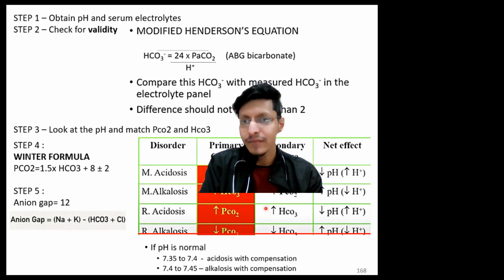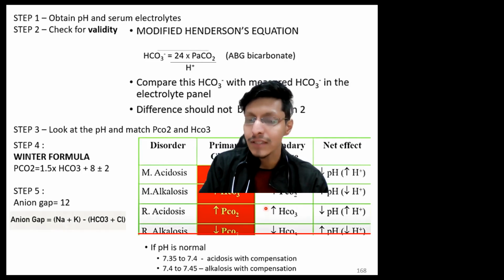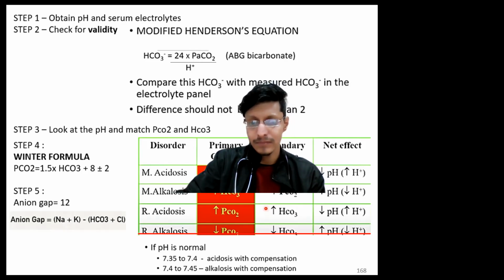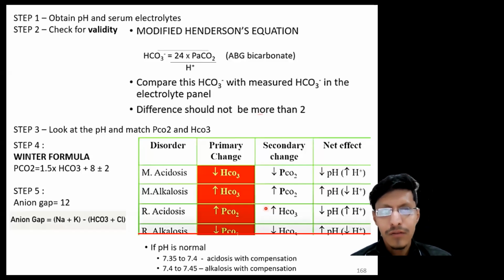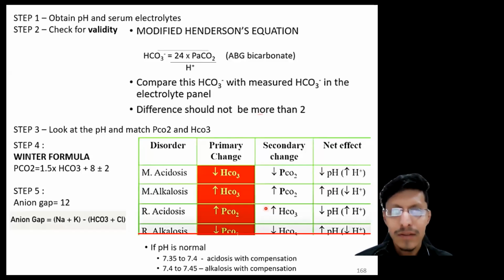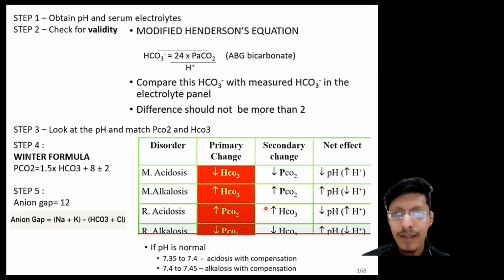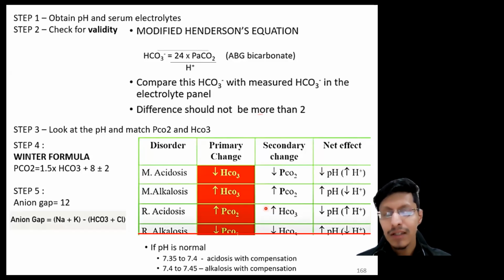We put in the modified Henderson's equation and calculate the bicarbonate, that is 24 into PCO2 divided by H plus. The calculated bicarbonate we compare with the measured bicarbonate, and this difference should not be more than 2. From there we will know whether our ABG is a valid one or not.